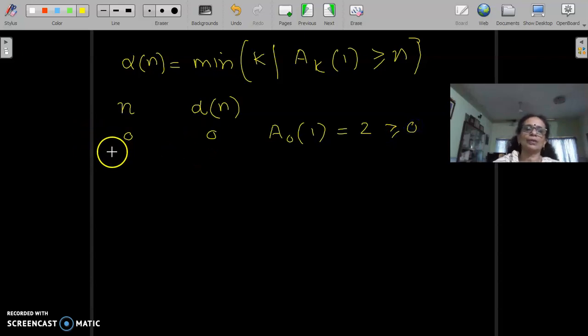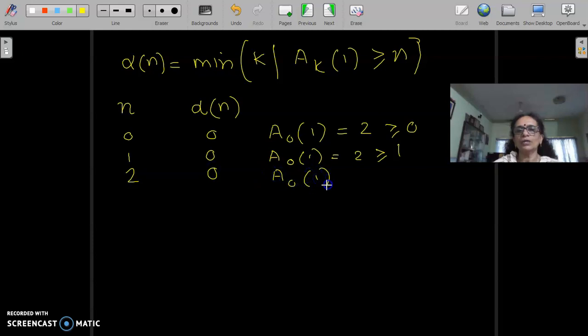Then n equal to 1: again alpha(n) is 0, because A(0, 1) is equal to 2 and it is greater than or equal to 1. What about n equal to 2? Again it is 0, because A(0, 1) is equal to 2, which is greater than or equal to 2.